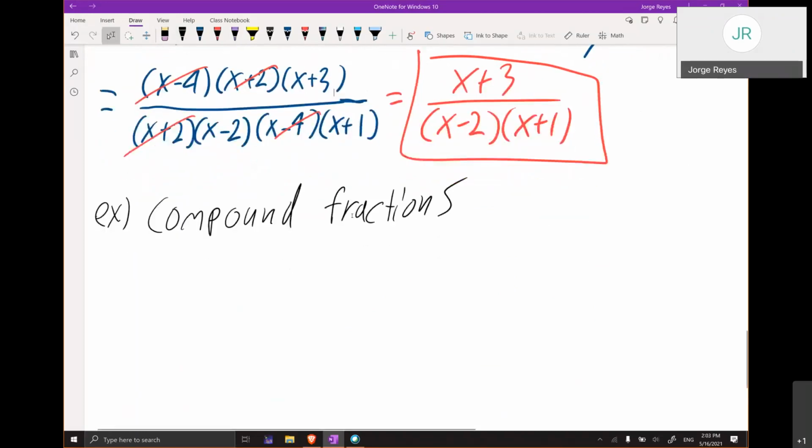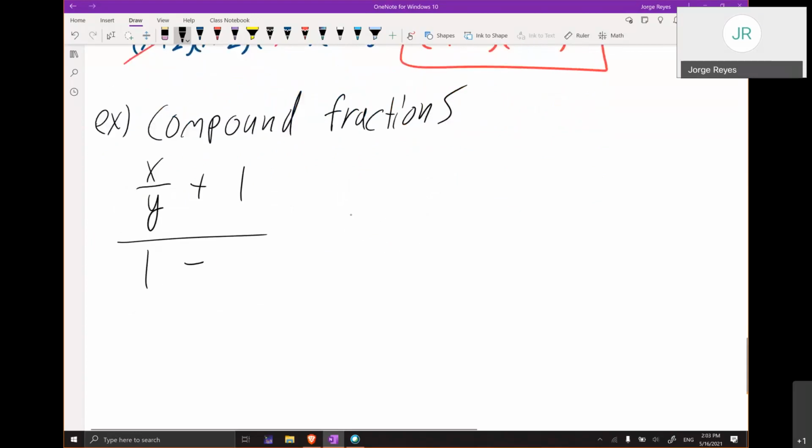So here's a long example. Okay, so here I have some fractions. So this is a compound fraction, right? We see that there are two fractions here and a big fraction bar.